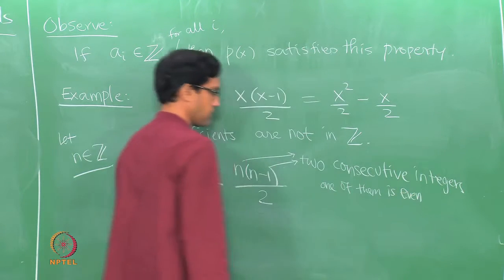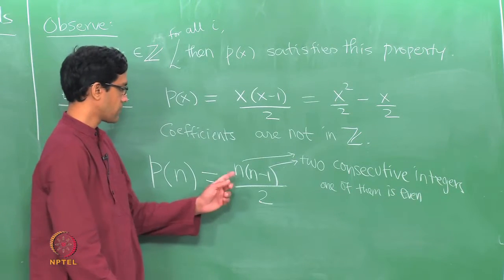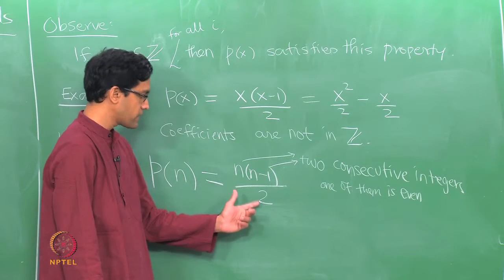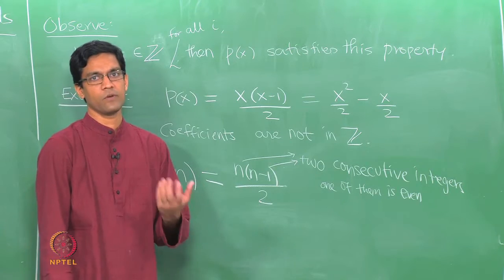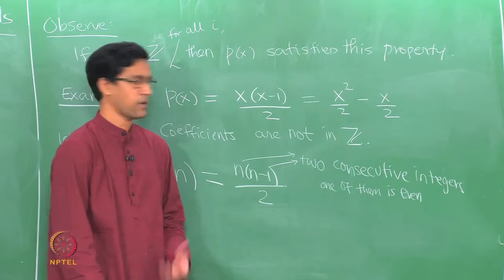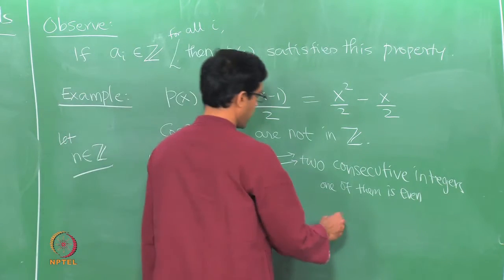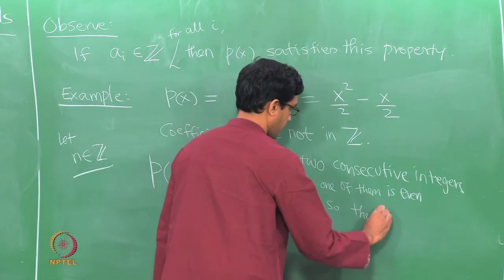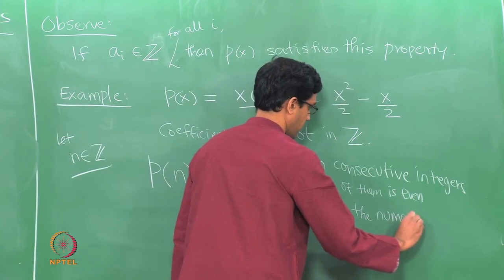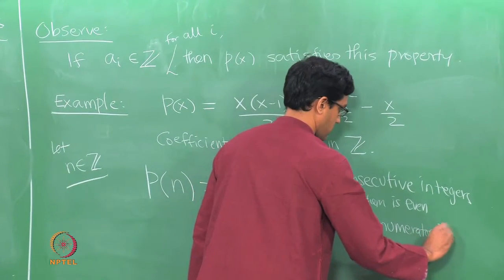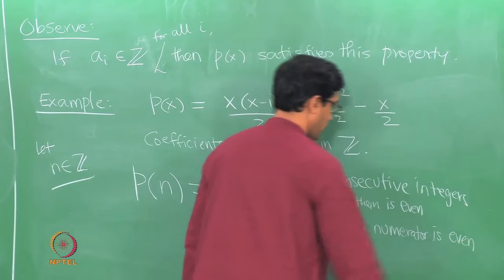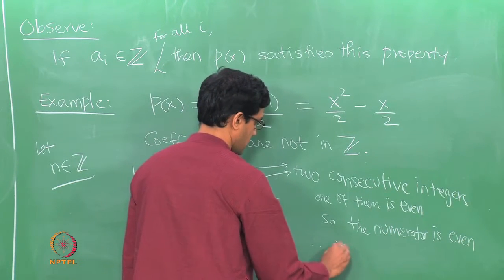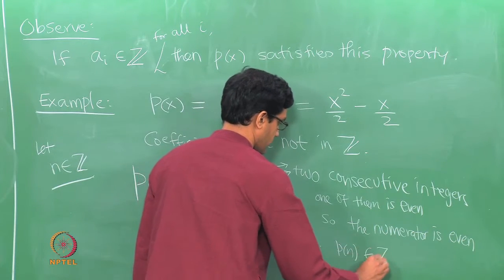So one of them is an even number, which means that it could be either of them, it could be n or n minus 1, but whichever of them it is, when I divide it by 2, what I will get will be a whole number, an integer again, right. So therefore, it is divisible by 2. So the numerator is an even number, being the product of an even and an odd number, therefore, is divisible by 2. So therefore, in other words, p of n is in fact an integer.